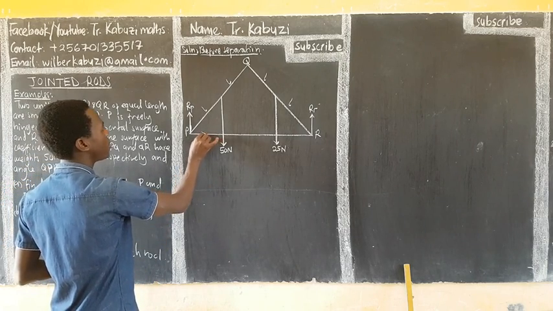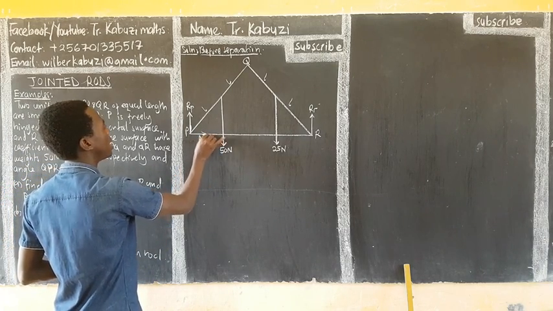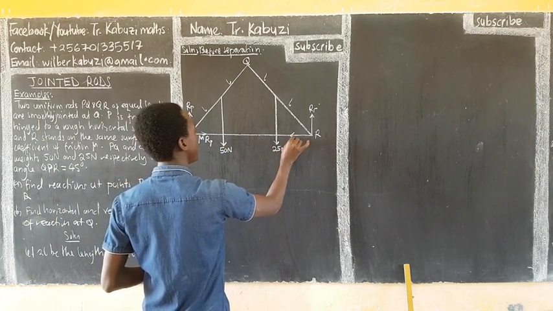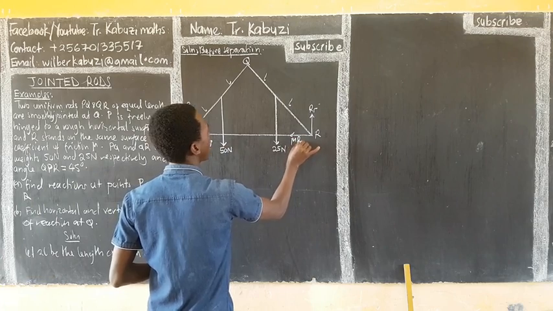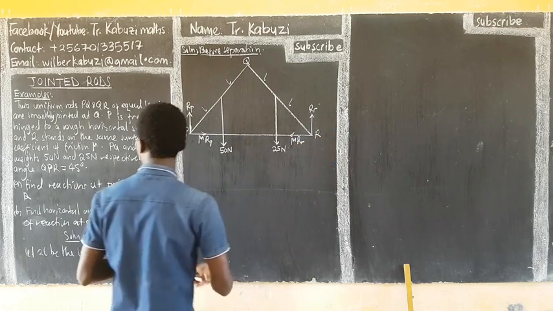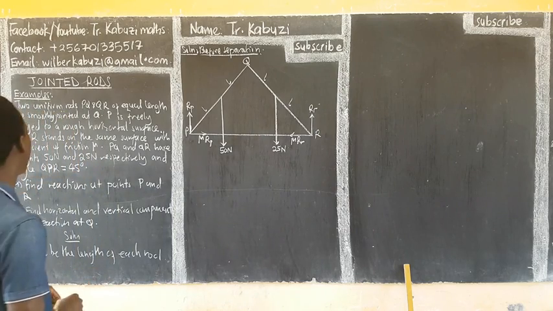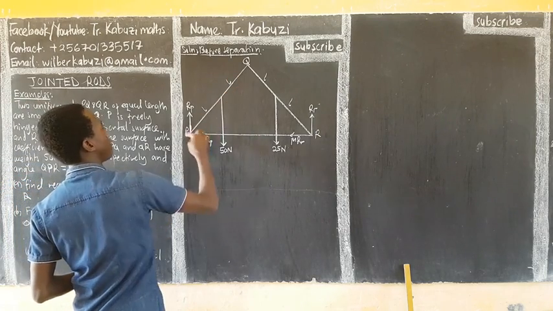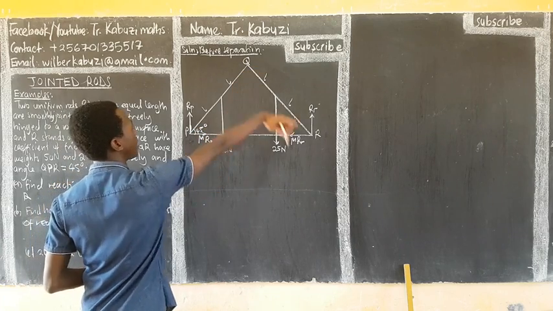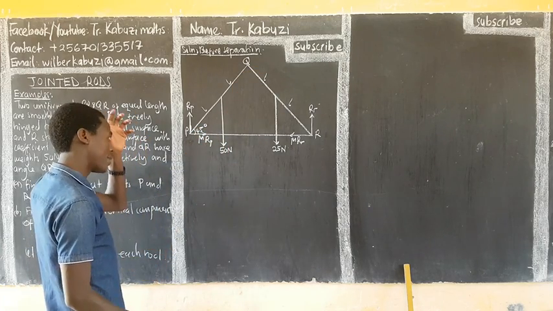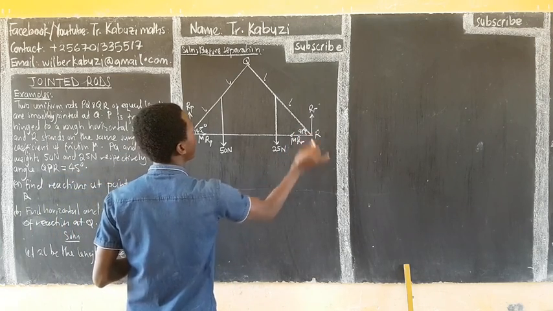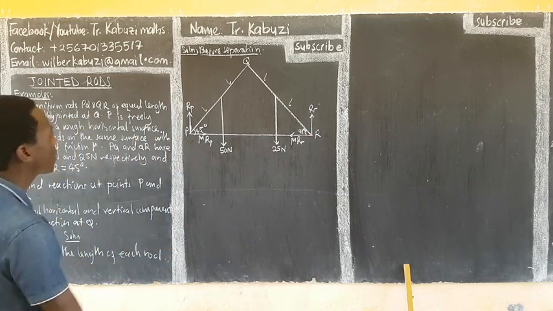So we have mu R_P, and also mu R_R, because when it's about to slip, friction acts in that direction. They give us angle QPR as 45 degrees, and because the rods are of equal length, this is an isosceles triangle, so this angle is also 45 degrees.